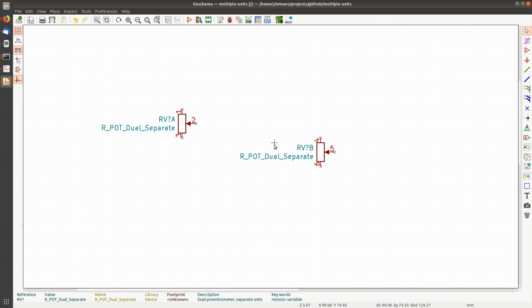What else is interesting about this? Well, where the FPGA had 4 completely separate and unique units, this one has 2 separate and identical units. These are defined differently. Now, this particular symbol in KiCad is designed such that it allows the annotation system to arbitrarily swap these 2 A and B units.